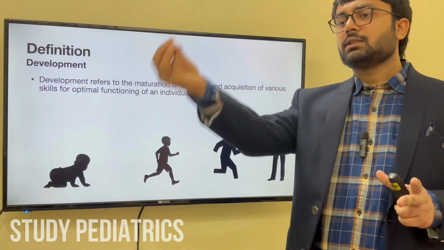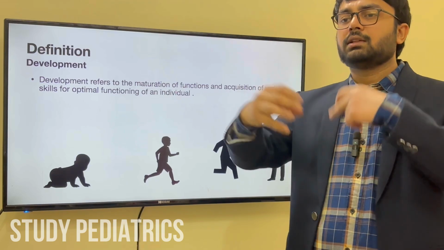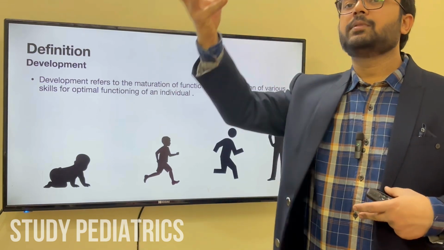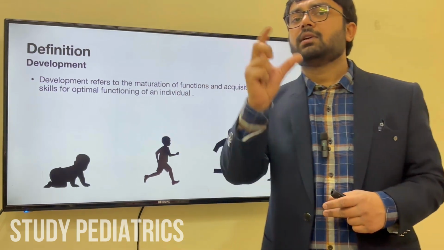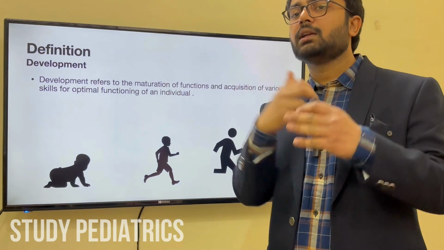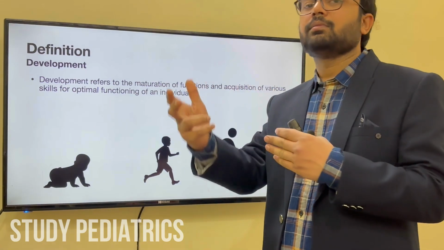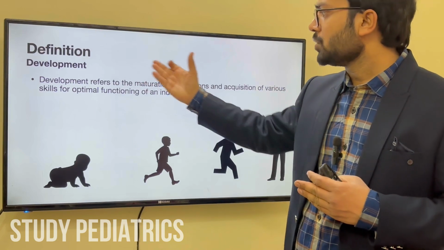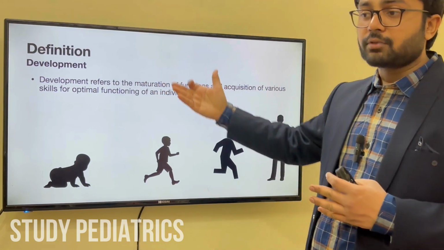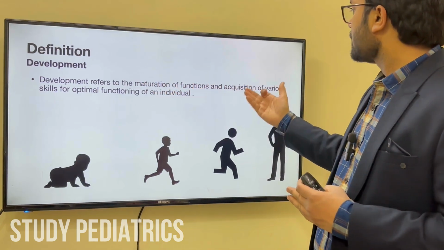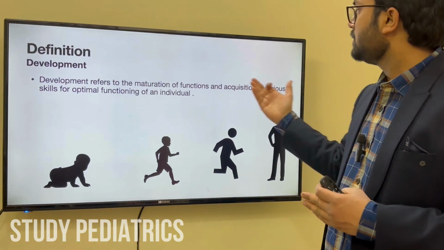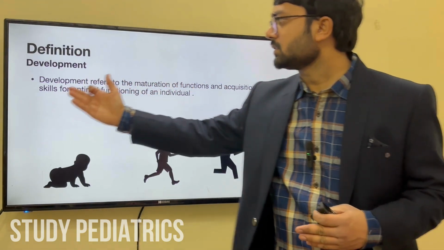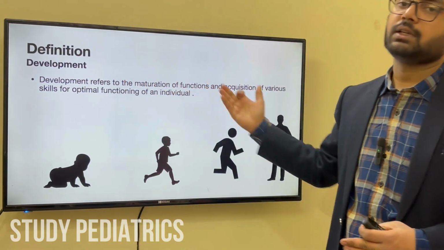Whatever the brain needs is fed and processed, and this results in upgradation of the brain. Just like we have software in a mobile that is upgraded from time to time, so is the mind of a child. So brain development requires maturation of the functions of the brain, and for that maturation we need acquisition of various skills for the optimal functioning of an individual.